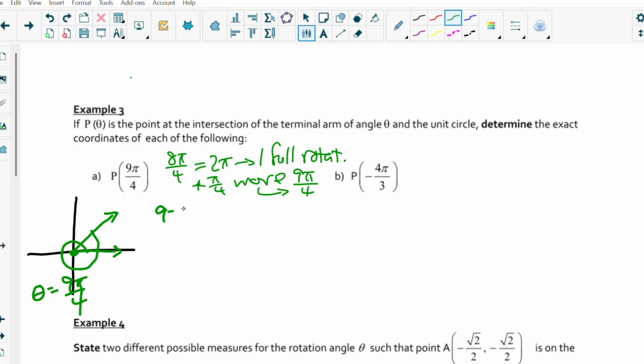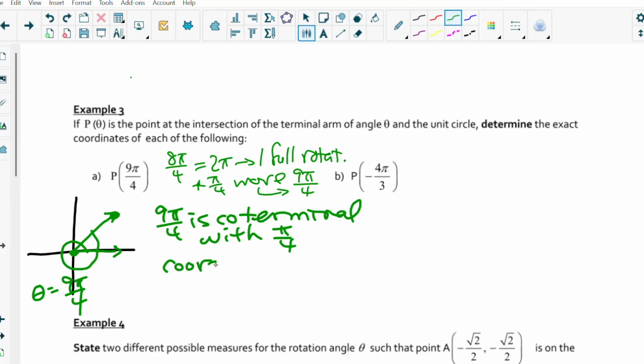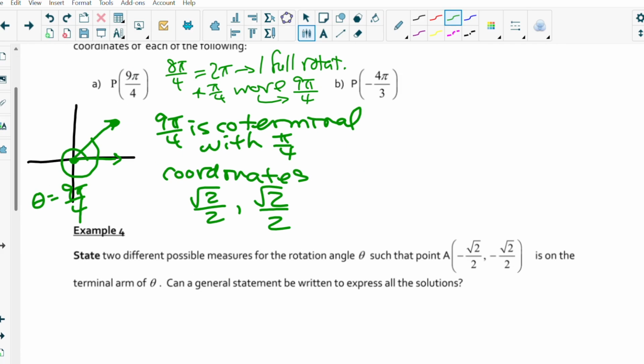Okay, 9 pi over 4 is coterminal with pi over 4. So I know this point has to be on the unit circle. The coordinates on the unit circle are square root of 2 over 2, square root of 2 over 2. Okay.